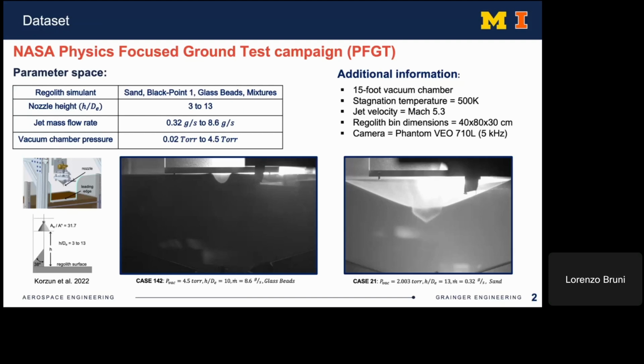There are many sources of data for these experiments, but we decided to focus for this presentation on the crater camera, which is a Phantom camera with a sampling frequency of 5 kilohertz. And the videos are not playing, but you can see from these pictures that the craters are very different.